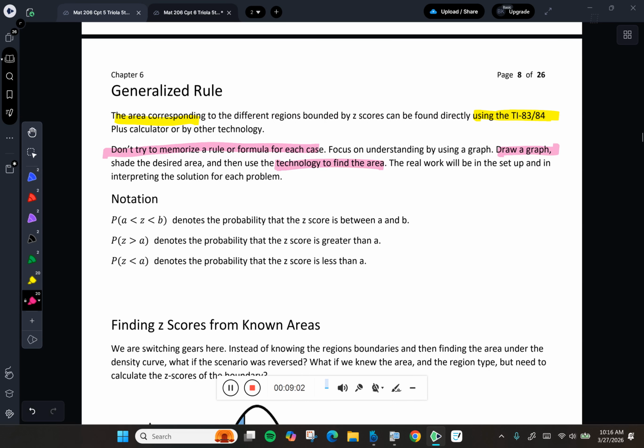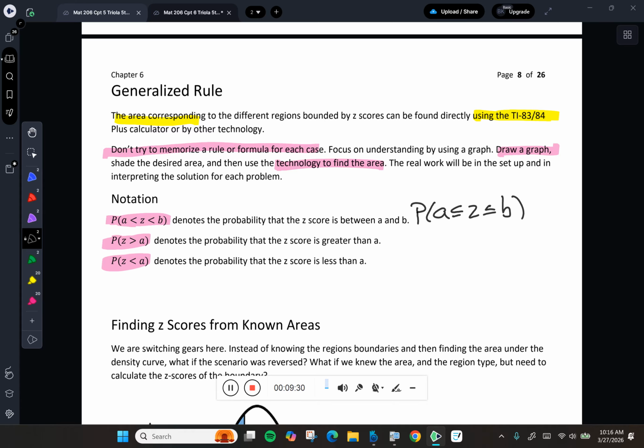The notations we've got here are going to be less thans, greater thans, or in betweens. Now you may notice that all of those are strict inequalities. That first one could be rewritten as this, and it would change nothing. Including or not including that A and that B by making it a less than or equal to doesn't change anything about the area calculation.